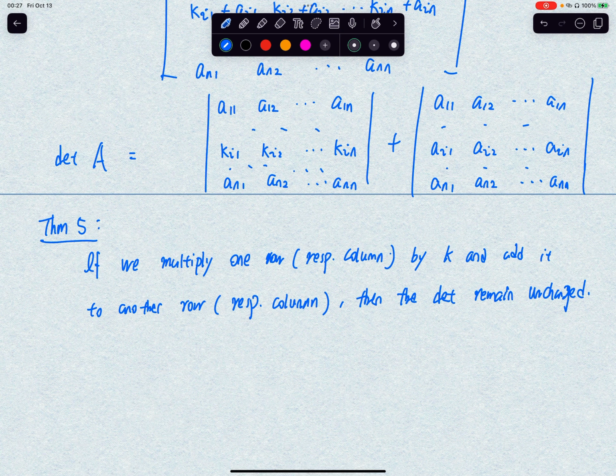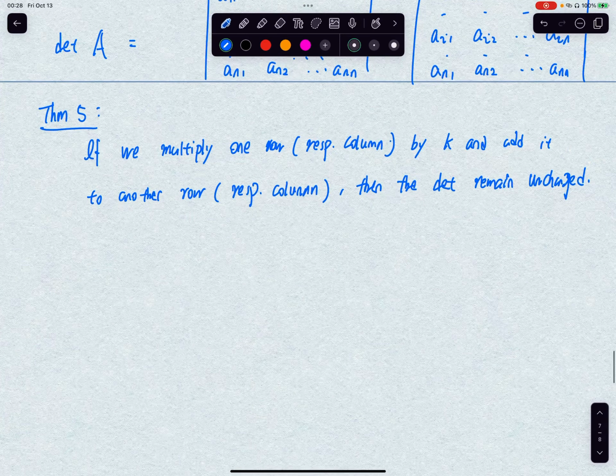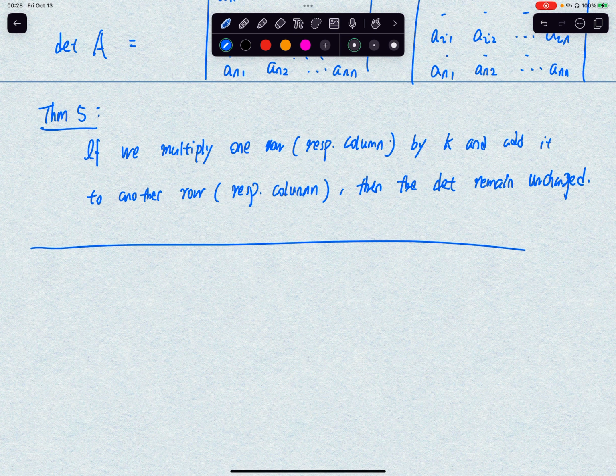So in fact, the determinant, if we regard it as a function, has a linear property. For example, for an n by n matrix A, we consider the determinant of A as a function of its n column entries, and we will show that if all columns except one are held fixed, then the determinant of A is a linear function of that one variable.